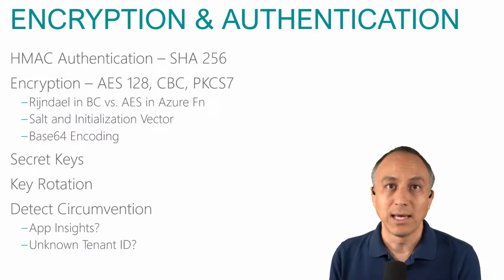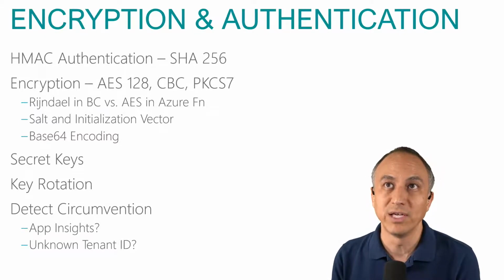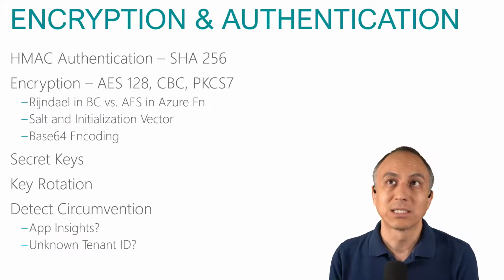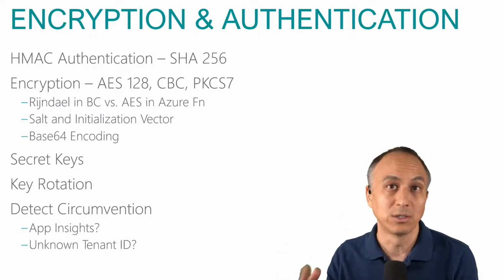And we found a Rijndael code unit in the Business Central encryption code unit library that was contributed via a pull request. We were able to match that against a specific AES configuration in Azure Functions with .NET.